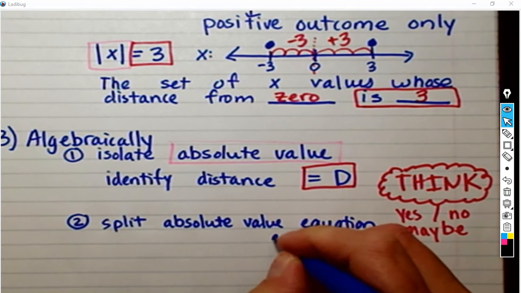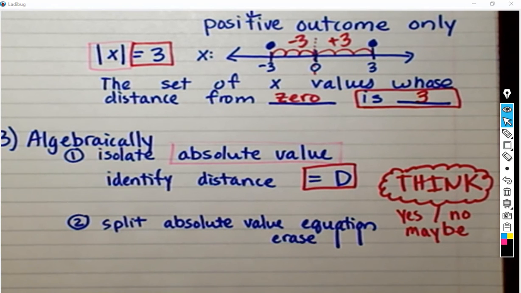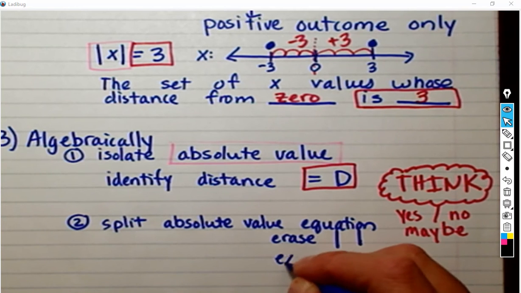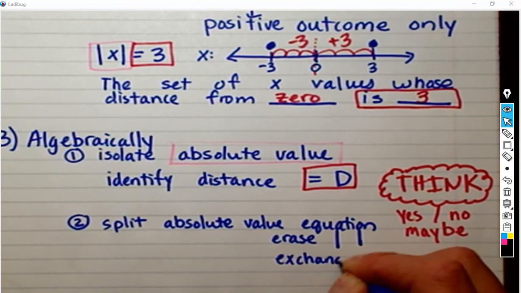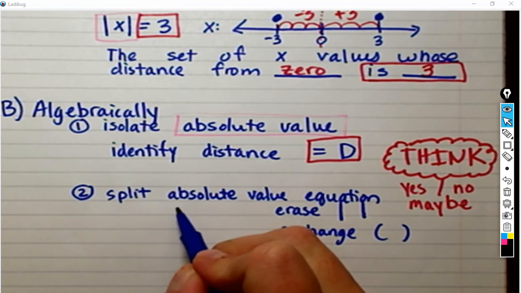All right, so when I split my absolute value, you are erasing the absolute value bars, and you're exchanging for parentheses, or just normal grouping symbols. How do I split it?